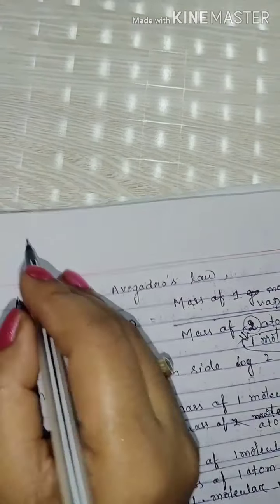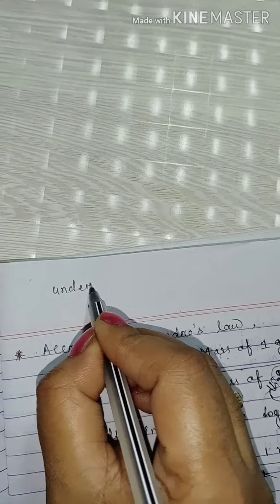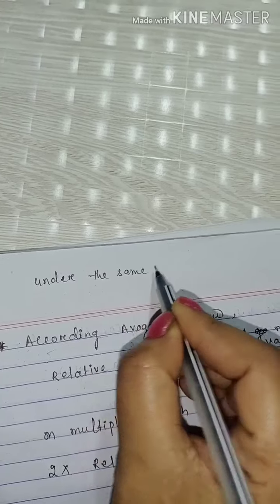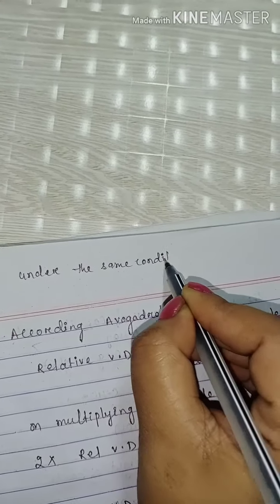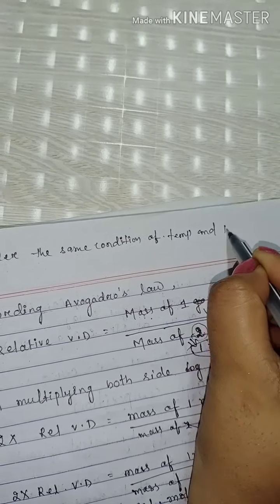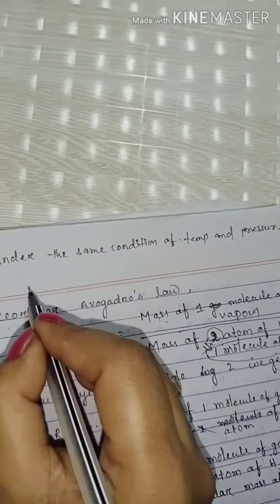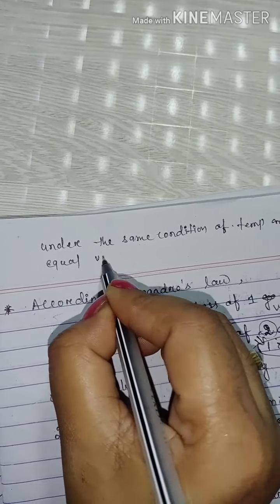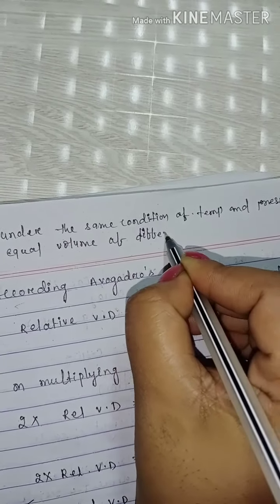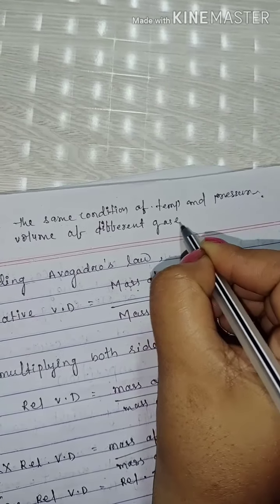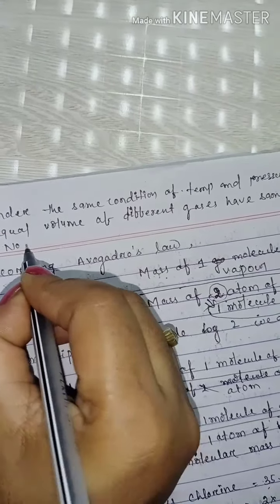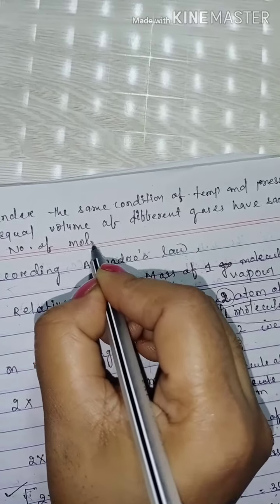Avogadro's law says that under the same condition of temperature and pressure, equal volumes of different gases have the same number of molecules.